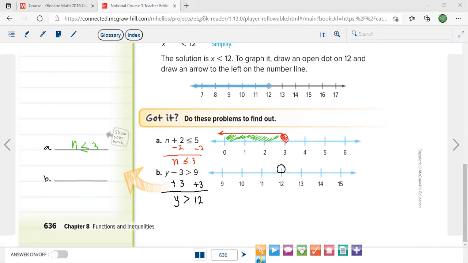Going to the right, and we are going to shade all the part to the right of 12. So the final answer is y greater than 12.